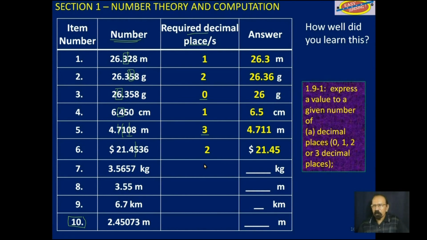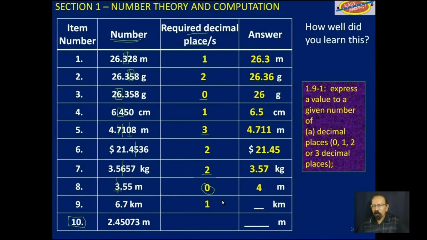Question 7, 2 decimal places. Here. Your answer? 3.57. Next one, 0 decimal places, that is here. Your answer? 4.